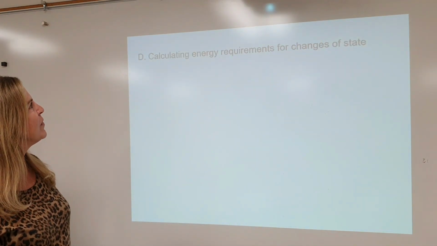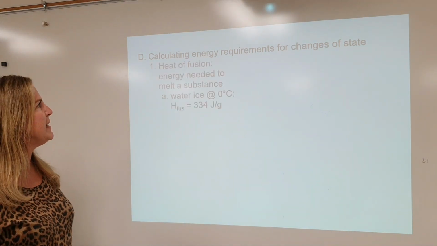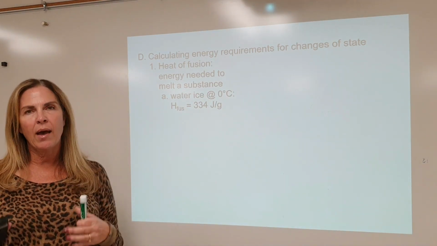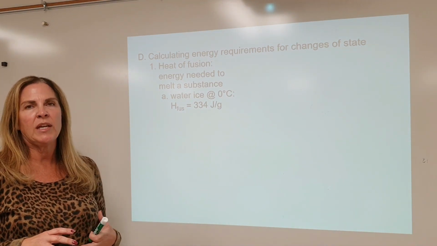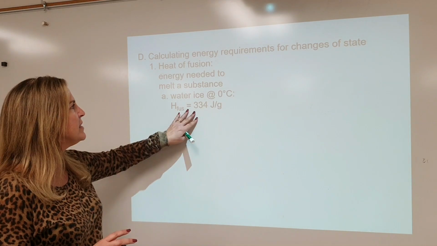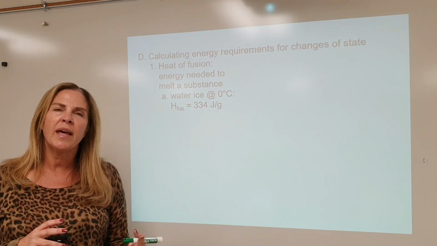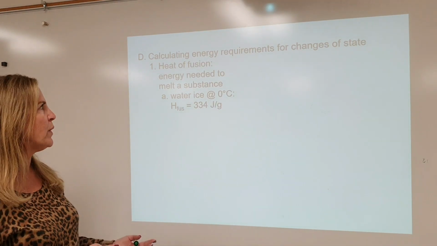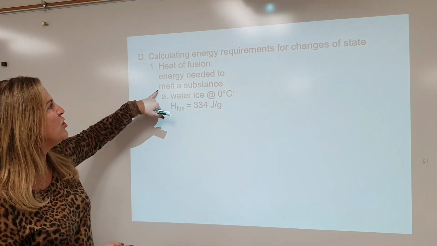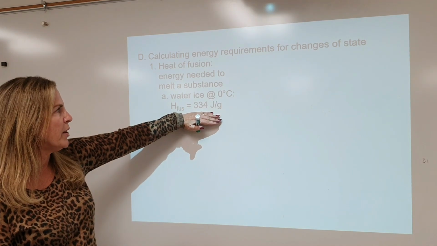Fun experiment. Okay, calculating the energy required for changes of state. The heat of fusion. So we can actually calculate how much energy is absorbed or released for different substances. So every substance is going to have its own unique amount of energy that is required in order to melt it or freeze it. So heat of fusion is the energy required to melt a substance. This happens to be water.